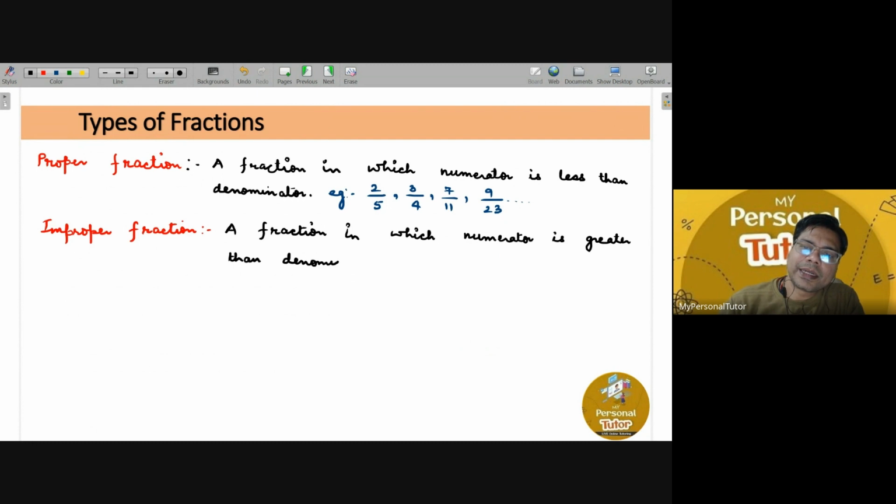Are you getting it? This is the general definition, but do you know there is something wrong in it? Those who have already studied improper fractions, I am very sure you must have studied this only, right?